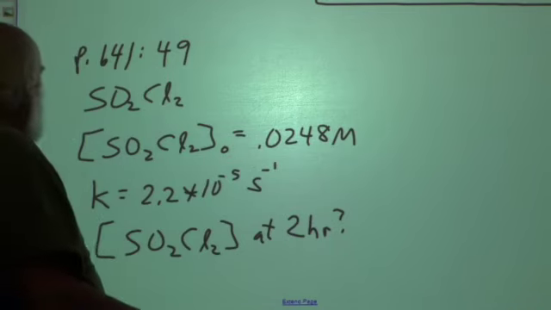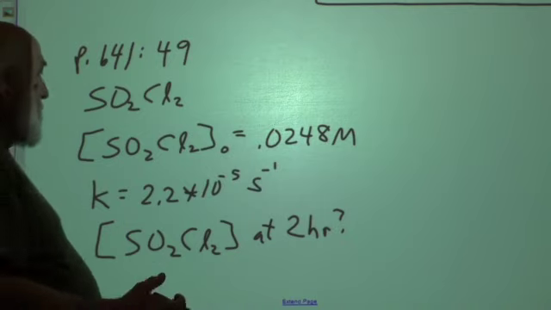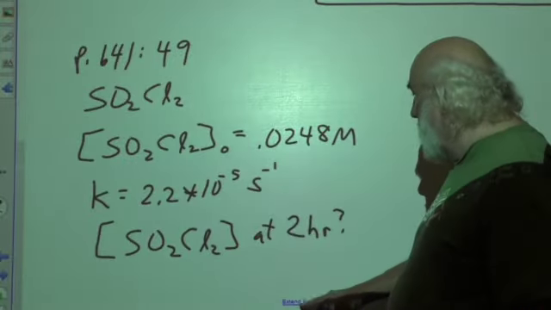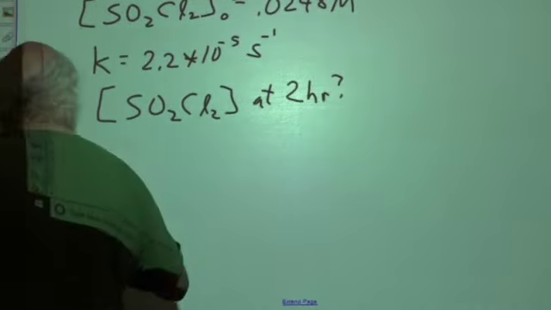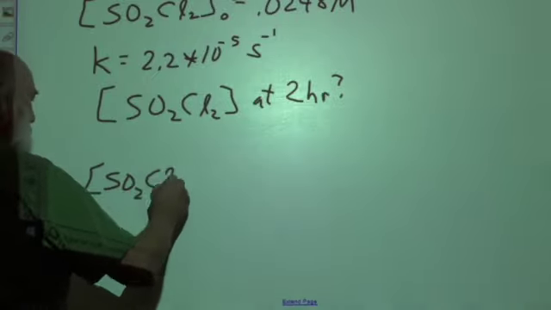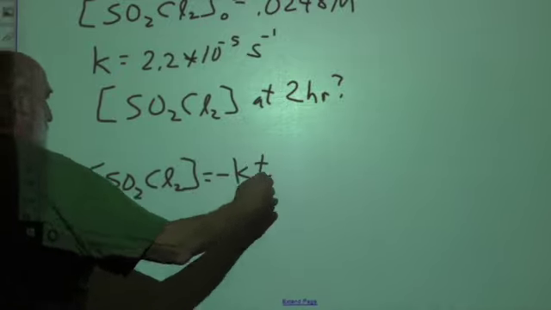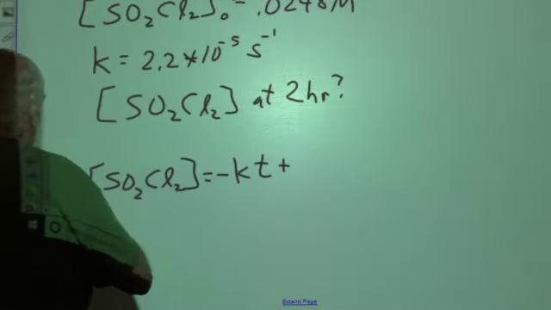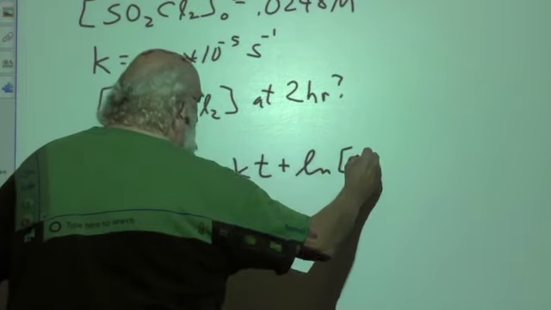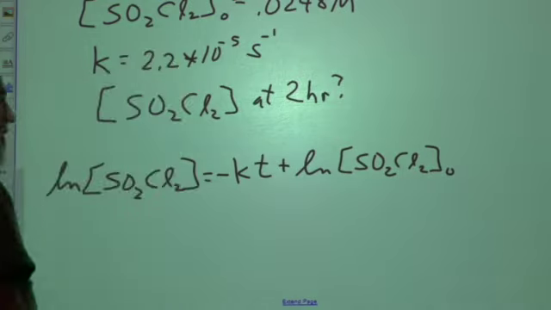So now, we need to find out what we have, what we don't have, and what we need to do in order to finish this problem. So the equation again, instead of saying A, I will now say the natural log of the concentration of SO2Cl2 is equal to negative KT plus the natural log of the concentration of SO2Cl2 initially at 0 seconds.